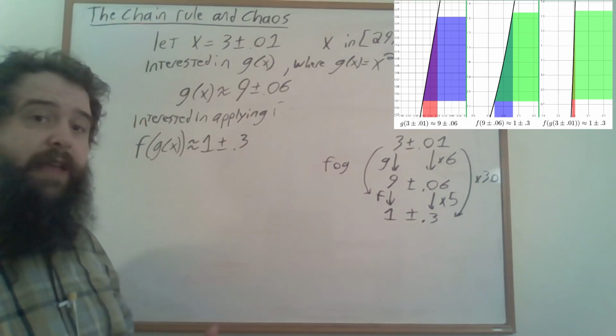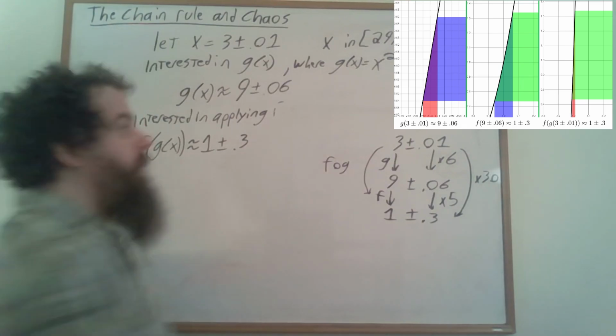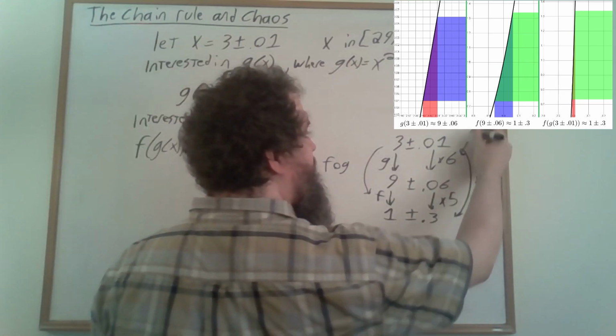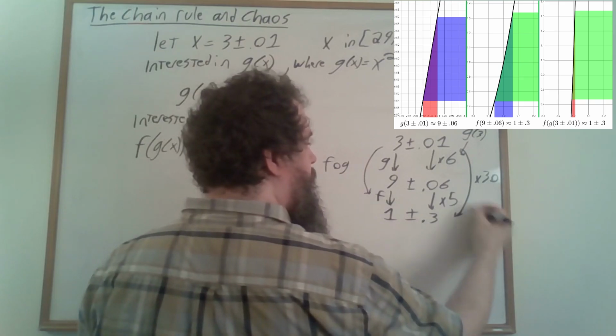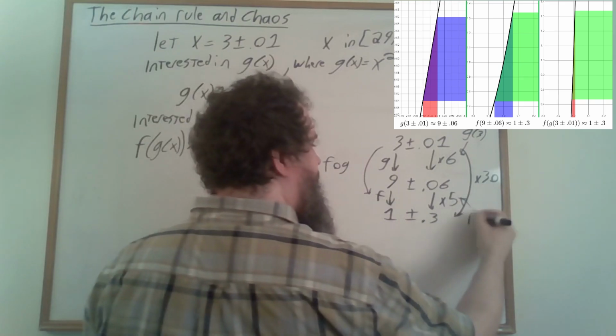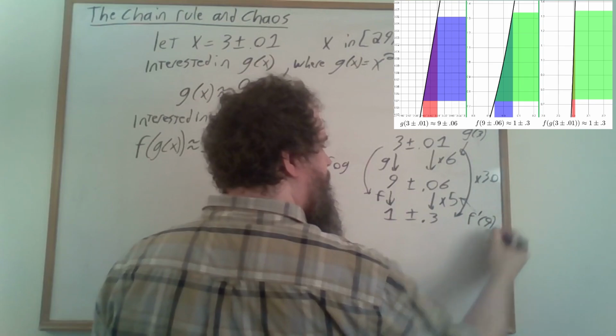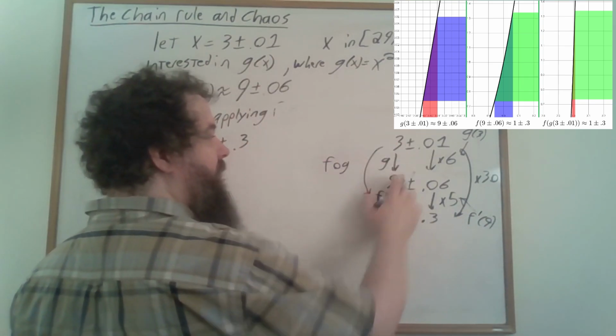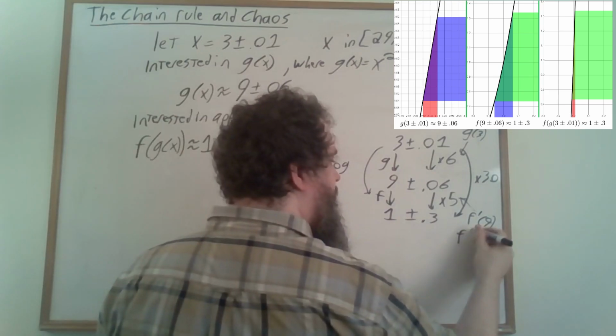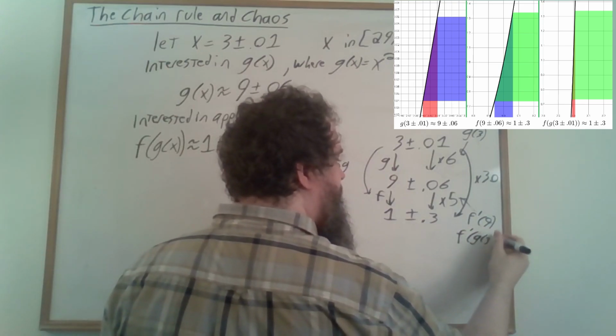Now it's worth spelling out exactly what these values are. This value here is our g prime of 3. This value here, this 5, was our f prime of 9, which in particular, that 9 came from taking g of 3. So that's f prime of g of 3.